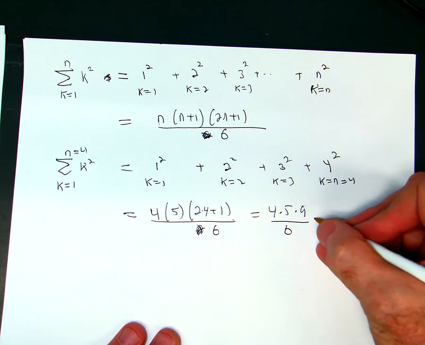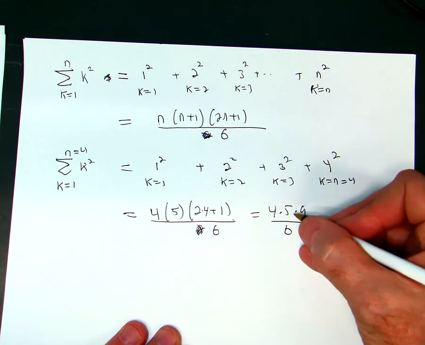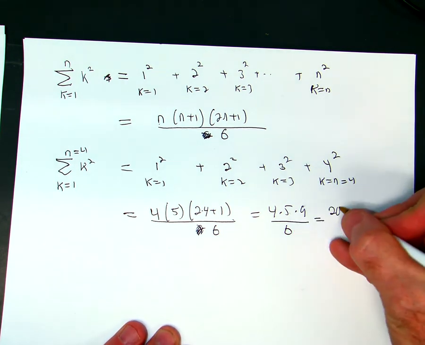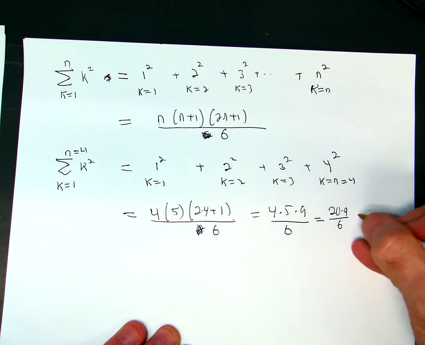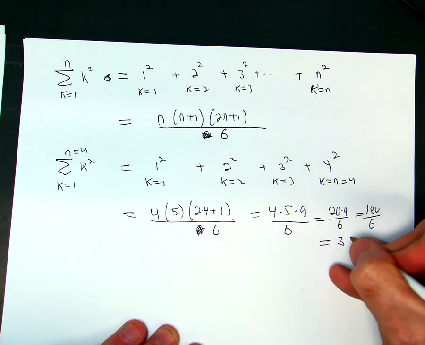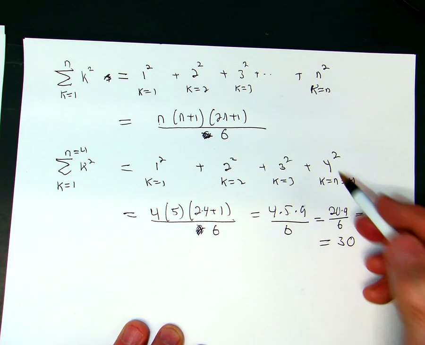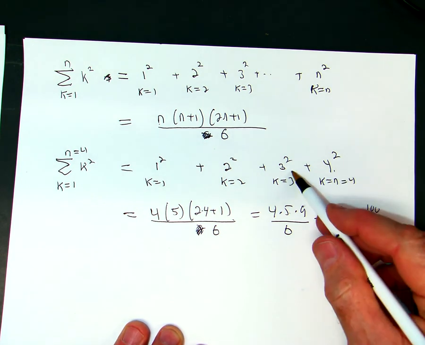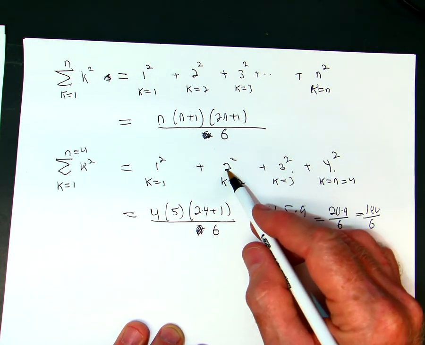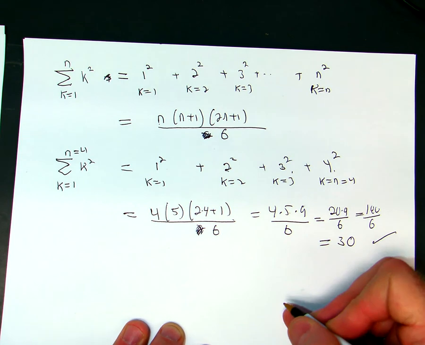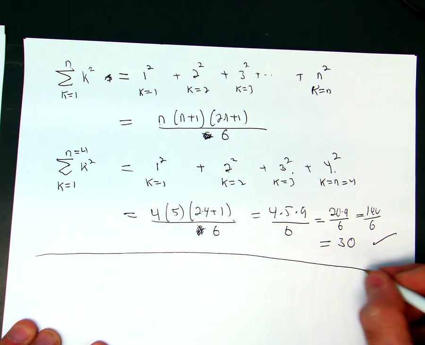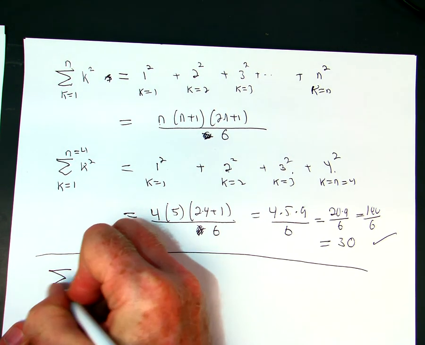And if I multiply this out, I get 20 times 9 over 6, which is 180 over 6, which is just 30. Okay, 16 plus 9, 25, plus 4 more is 29, plus 1 is 30. So quick check.